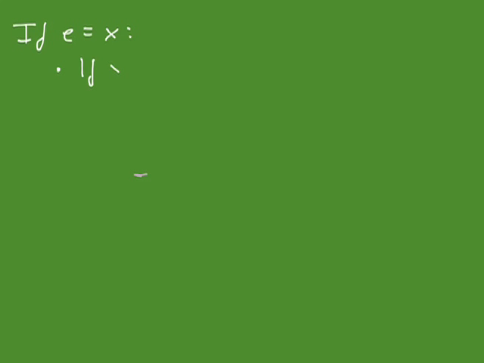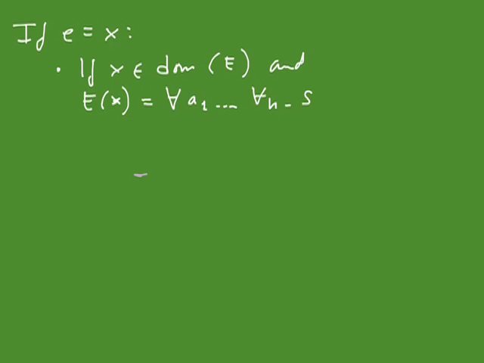If the variable that we're looking at is mentioned in the type environment, and the type environment says that X has type scheme for all A1 up to for all AK S, then we return the identity substitution and the body of the type scheme S, because then we can instantiate it later on.